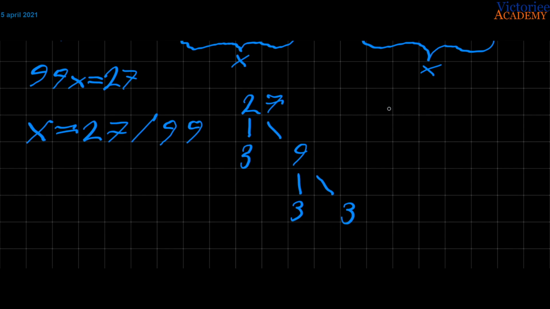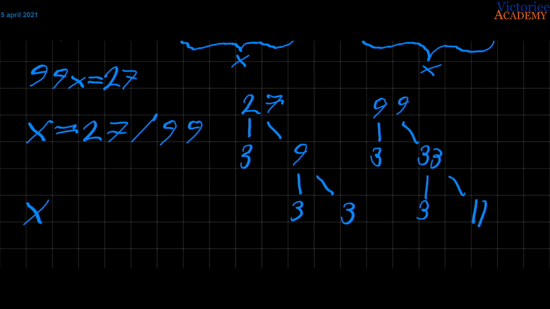Now we're going to do the same for 99. We can bring out the 3, then we get 33. Then we can bring out the 3 again and we get 11. So I prime factored 27 and 99.